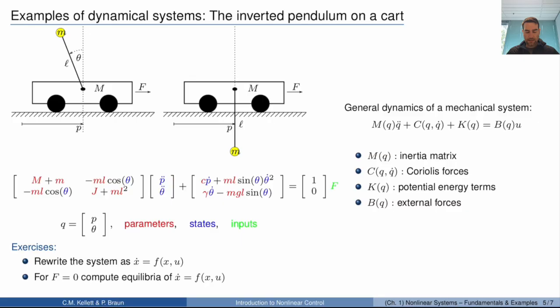And as we did before, even though it is more complicated now, we can introduce the state vector by rewriting the second order system into a first order system, and then get a representation of the form x dot is equal to f of x comma u.